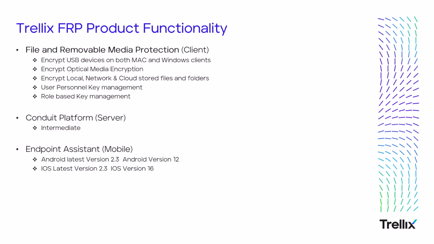So with the Trellix file and removable media protection, the product functionality is separated out into three main components. The first being the FRP media protection client, which handles the USB device encryption, optical media encryption, and local and network file encryption, as well as files stored in the cloud.